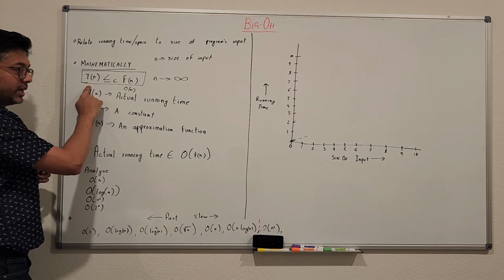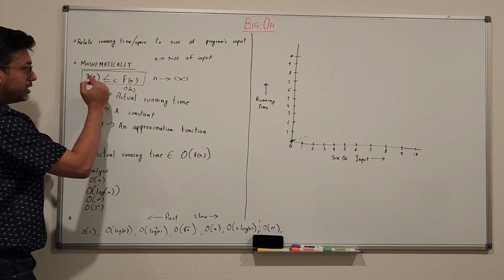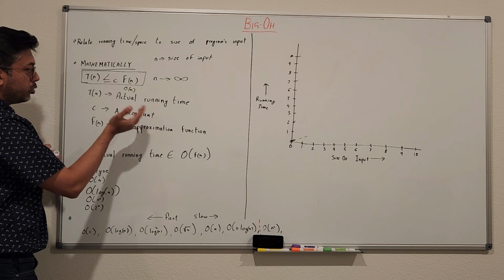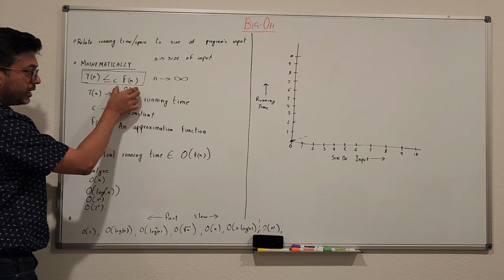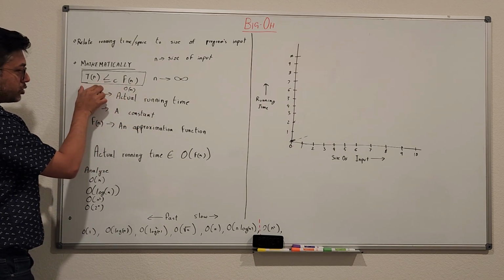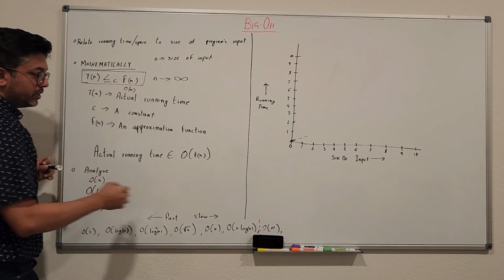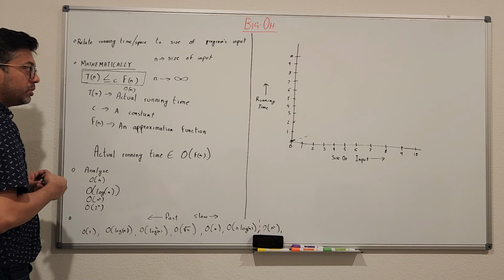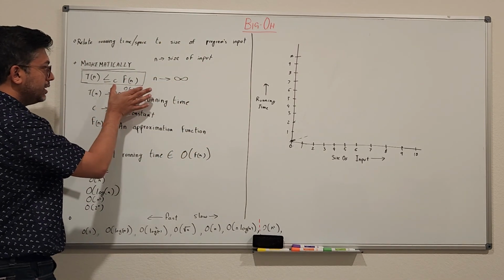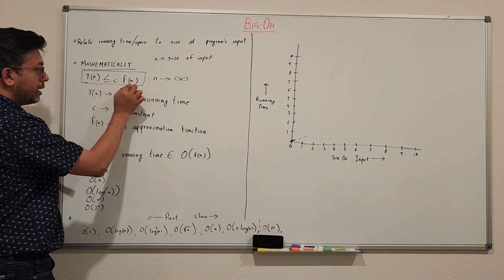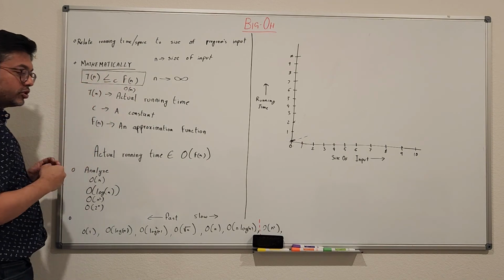T of n is the actual time. So the actual time taken should be less, or to look at it the other way, your approximation takes more time than the actual time, then this approximation is correct. And that is as n tends to infinity. For lower values of n, that may not be true, but as n tends to infinity, c times that approximation takes more time than the actual running time.